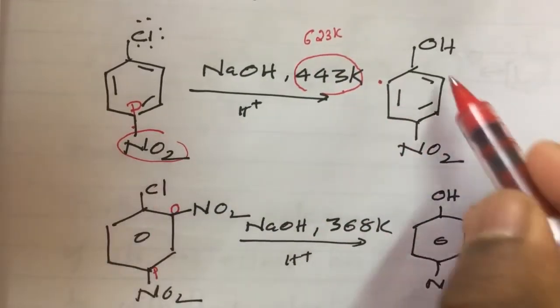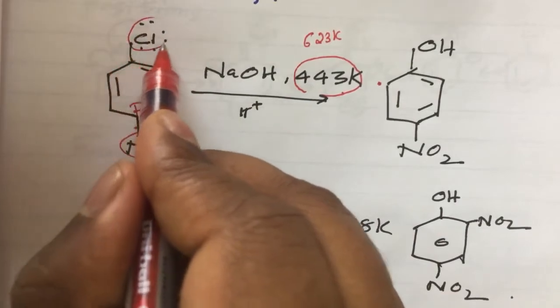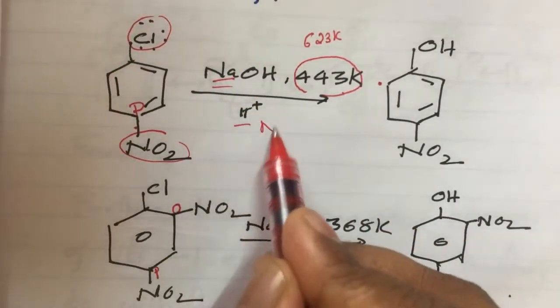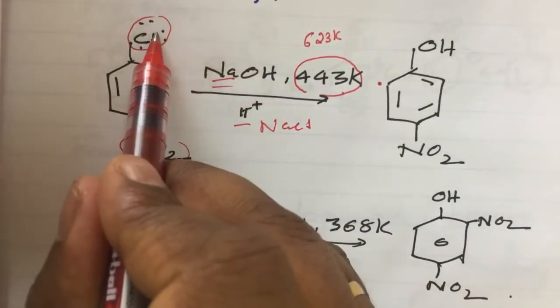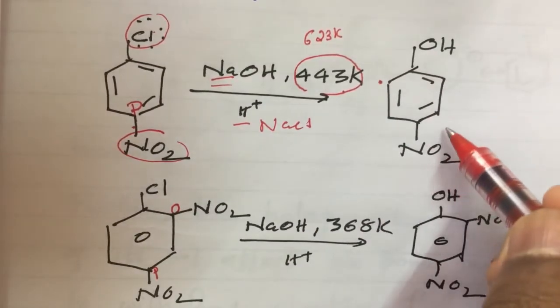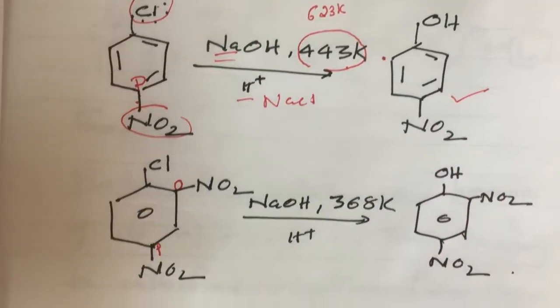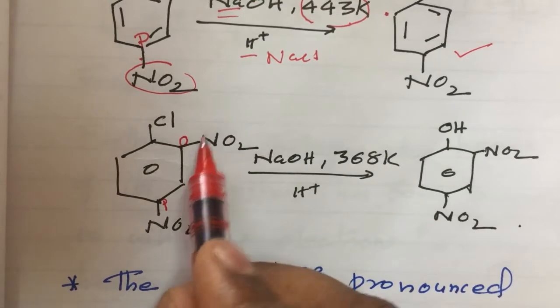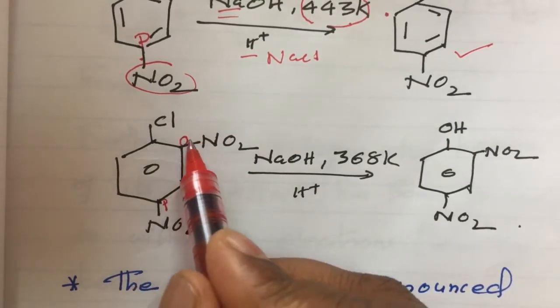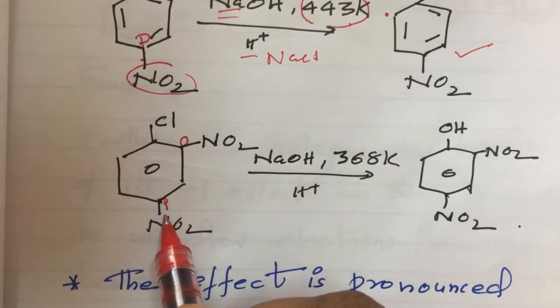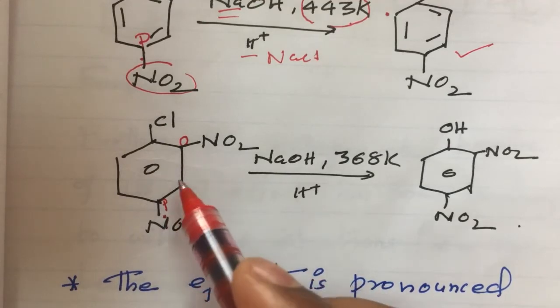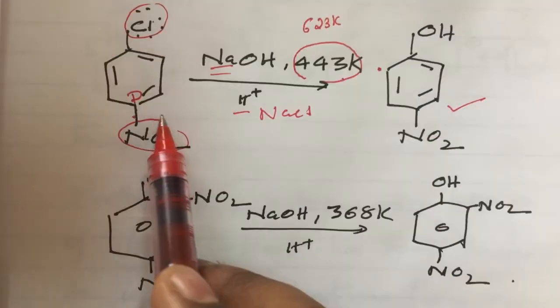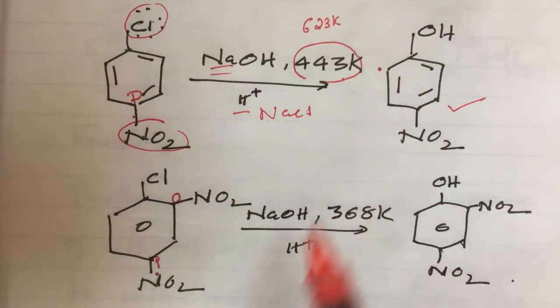Then the product: Cl and Na form the byproduct NaCl. Then OH replaces Cl and forms para nitrophenol. Then if NO2 is present at ortho and para, its reactivity becomes more than para nitrochlorobenzene and chlorobenzene.